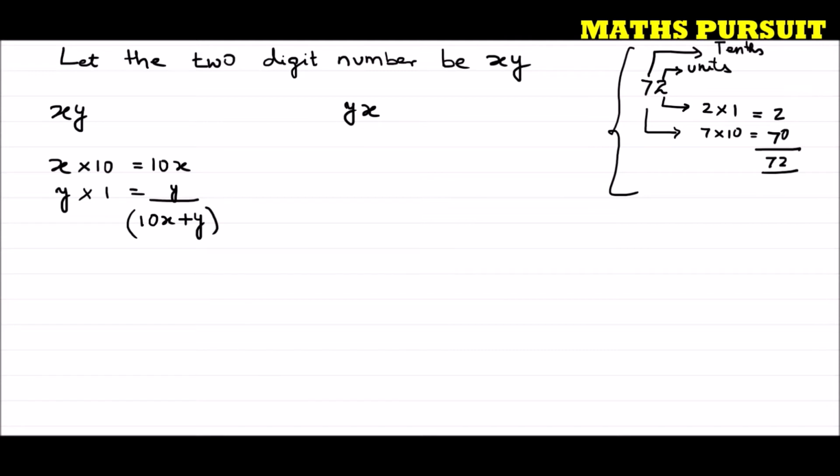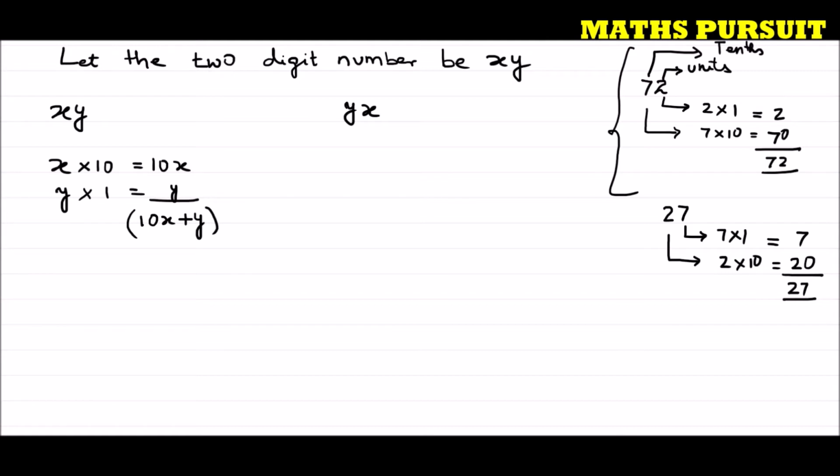Interchange of the numbers means, for example, here it is 72. When we interchange it, it will become 27. 27 means 7 now came to the units place and 2 came to the tens place. 2 into 10 is 20, and 7 into 1 is 7, so 20 plus 7 is 27.